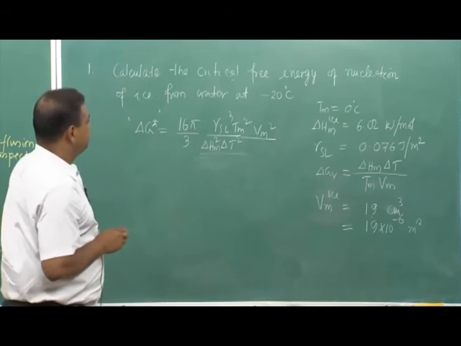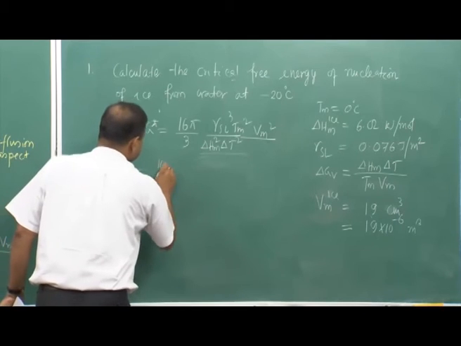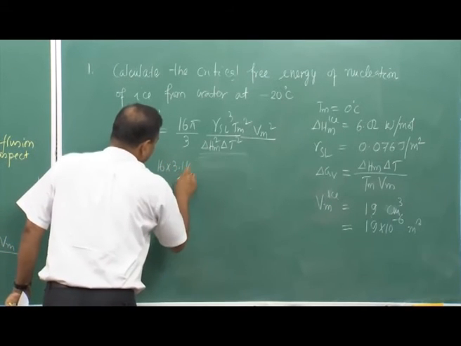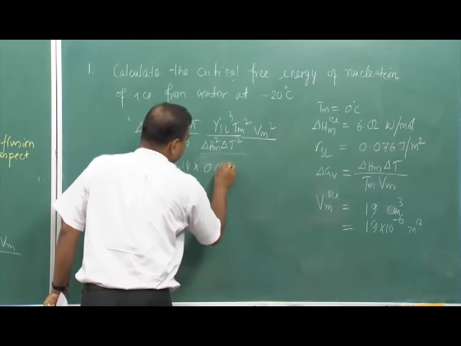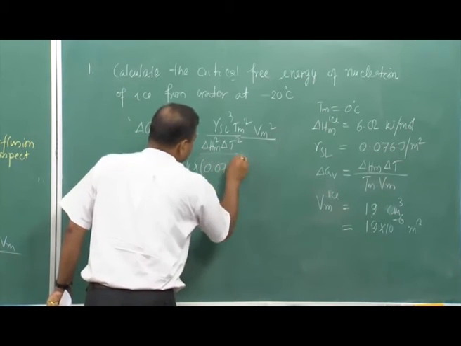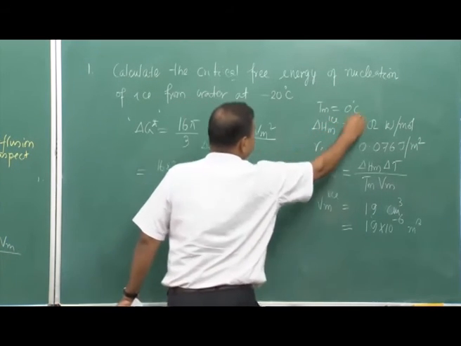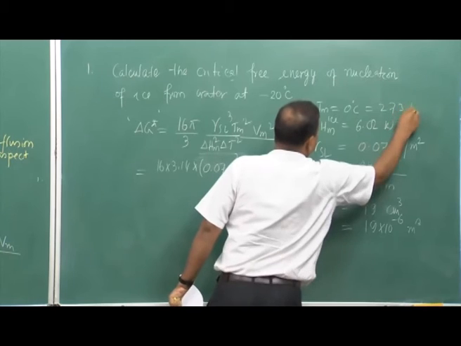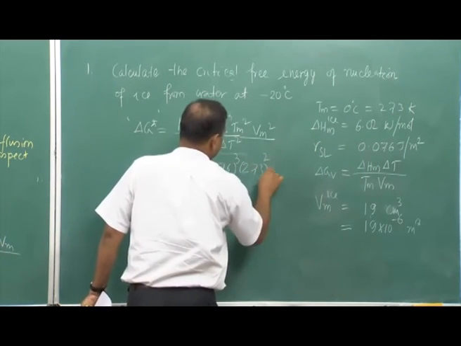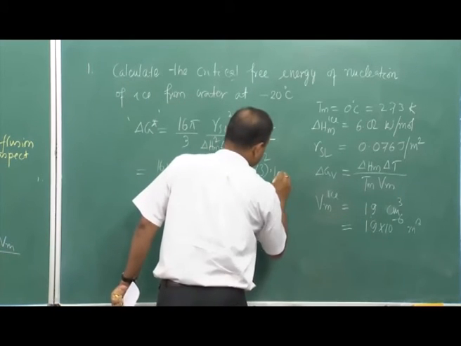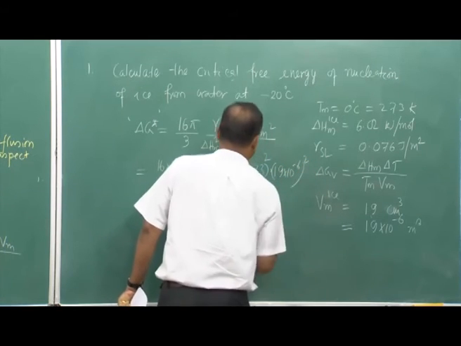This would be the expression, and now I just put in those values: 16 into 3.14 into 0.076 cube. For 0 degree Celsius, that means 273 Kelvin, 273 square. Vm is 19 into 10 to the power minus 6, square.